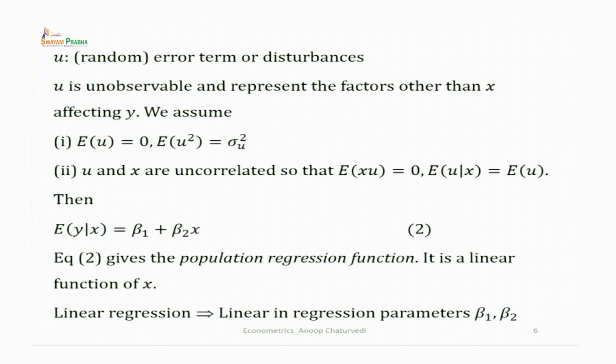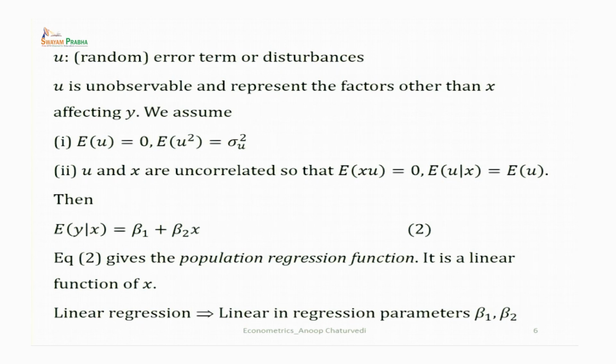Then u is called the random error or disturbance term, and this u is unobservable, and this u represents the factors other than x affecting y. Obviously, none of your models is perfect, but still you have to use your model for predicting y.